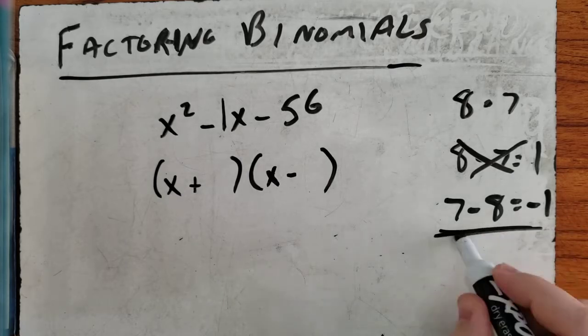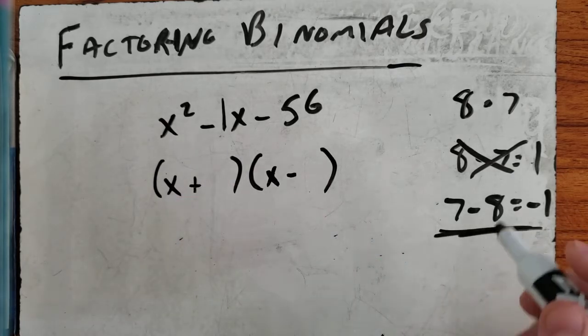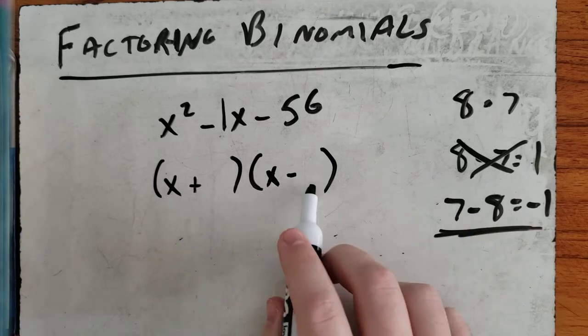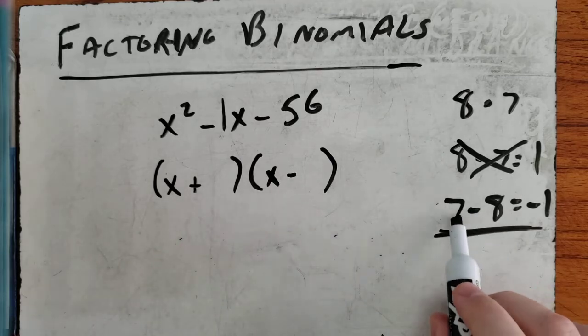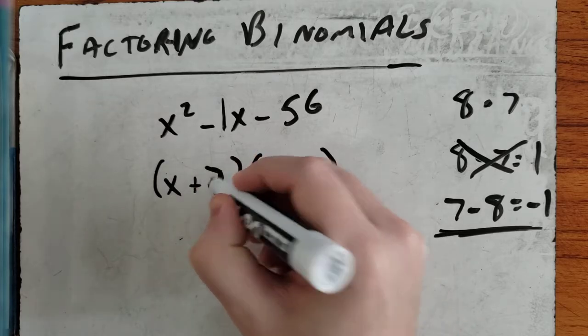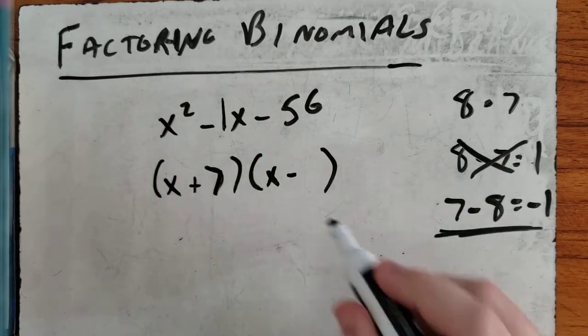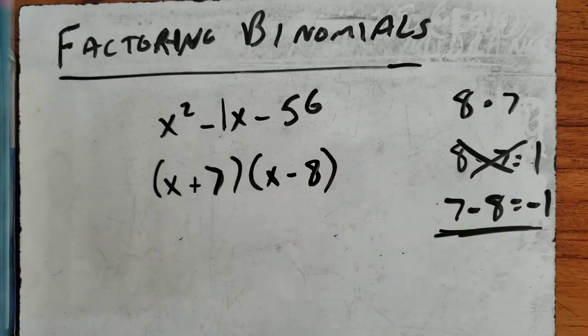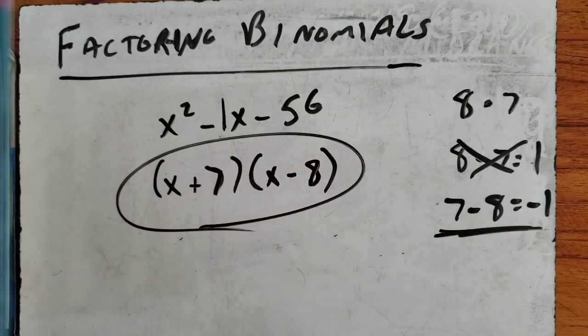So that is what we want. So which number is positive and which number is negative? Which goes where? Your 7 is positive, so that goes with the plus sign. Your 8 is negative, and that goes here. And that's your final answer.